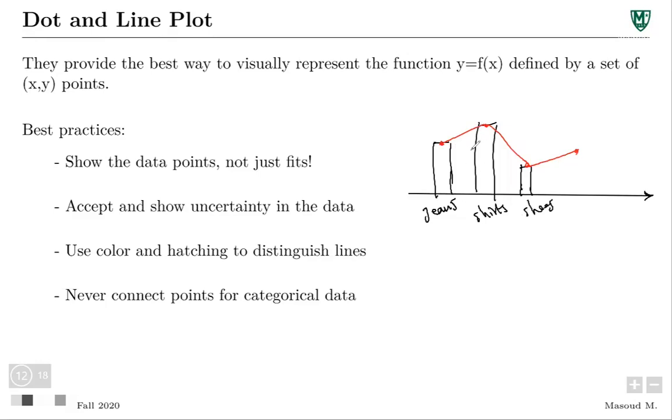You shouldn't connect these, because you're not showing that the number of jeans increased, or the number of shirts increased with respect to the number of jeans. Because it's just the data for one day, it doesn't make sense to connect these together. You just have to use some kind of bar chart and show that specific point. So it's like a categorical data example.